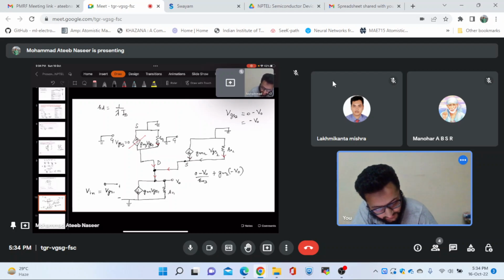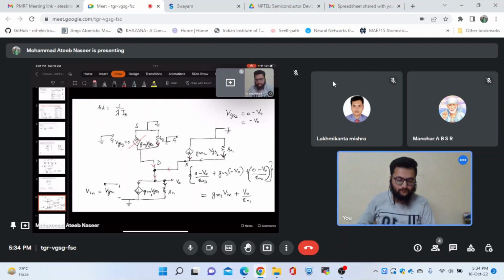And over here, we will be having another current, which is 0 minus V naught by r0 2, and this current has to be equal to the current which is moving in this circuitry, which is gm1. vgs1 is V in. This is gm1 V in plus V naught minus 0, as this is grounded, V naught by r0 1.